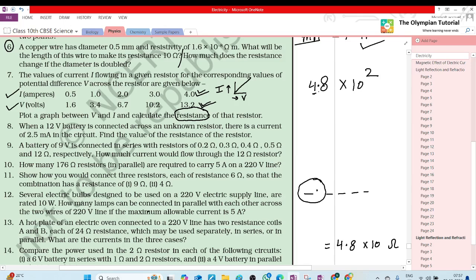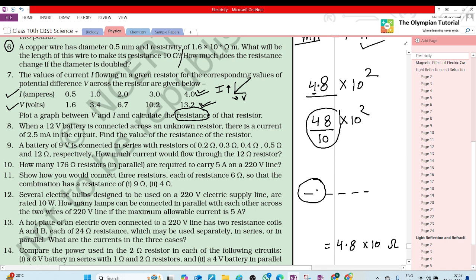For this, I have to divide 48 into 10 to the power 2 by 10. It will become 4.8.